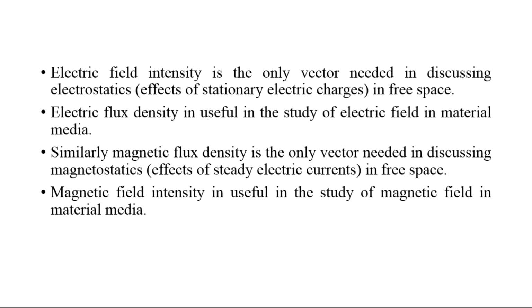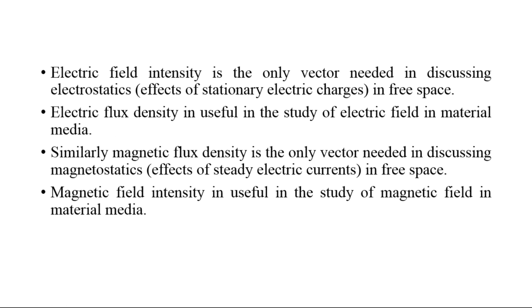It means that time varying electric field intensity and electric flux density will give rise to the magnetic flux density and the magnetic field intensity. Similarly, the time varying magnetic flux density and the magnetic field intensity will give rise to the electric field intensity and electric flux density.